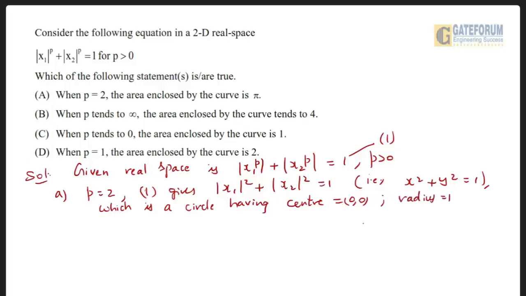Okay. So the area is pi r square, that means pi into 1 square is equal to pi. Area of a circle is pi into radius square. So this is also correct.